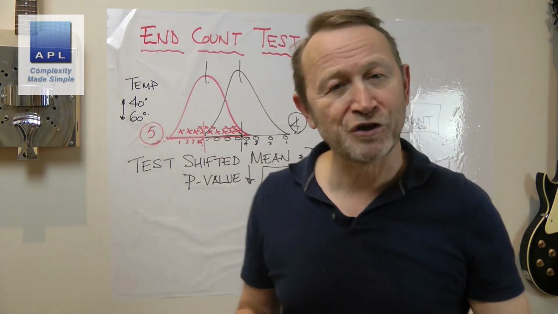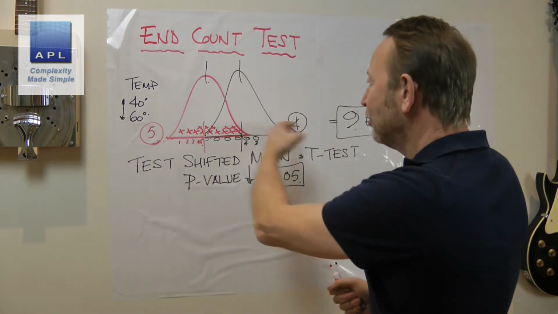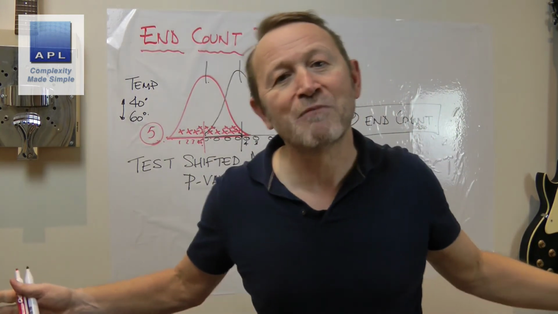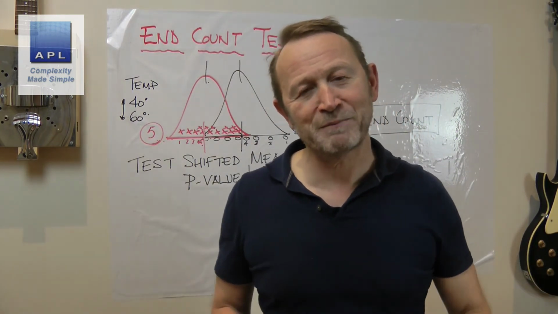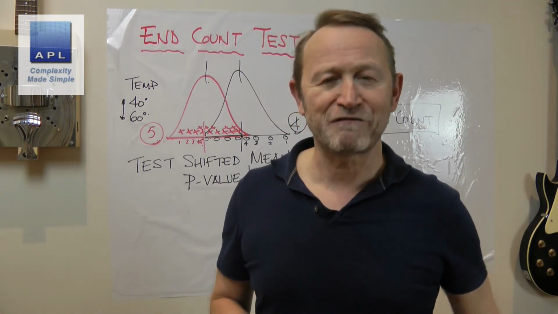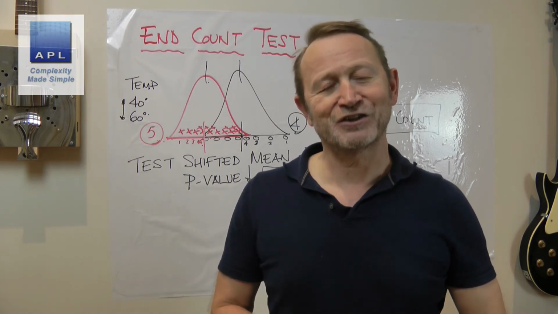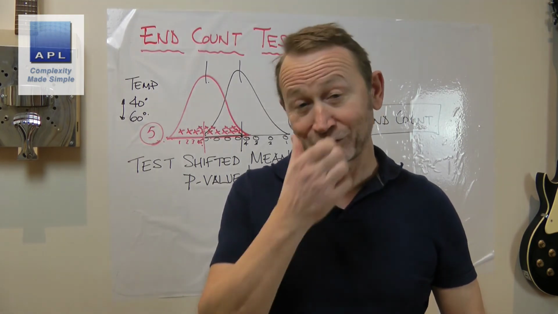You measure the surface finish, 20 or 30, after you've done it. You just get a piece of paper, you mark all that data on a piece of paper, and if you get an end count above 7, 7 is your lucky number because that indicates a significant shift in the process.